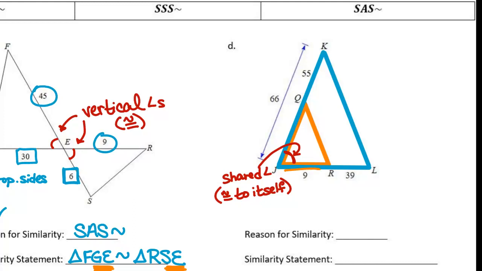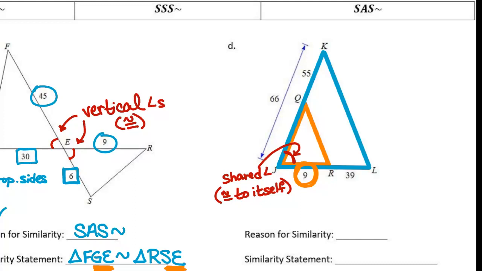How big is the bottom side on my orange triangle? 9. How big is the bottom side on my blue triangle? How big? Sorry, I heard lots of numbers. Not 39. 39 is just this much right here. 48.